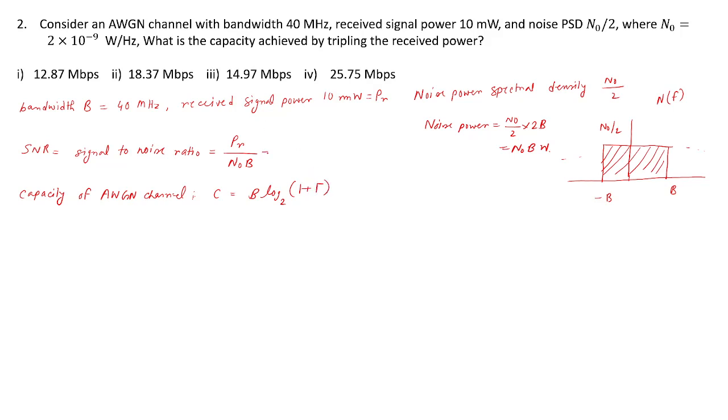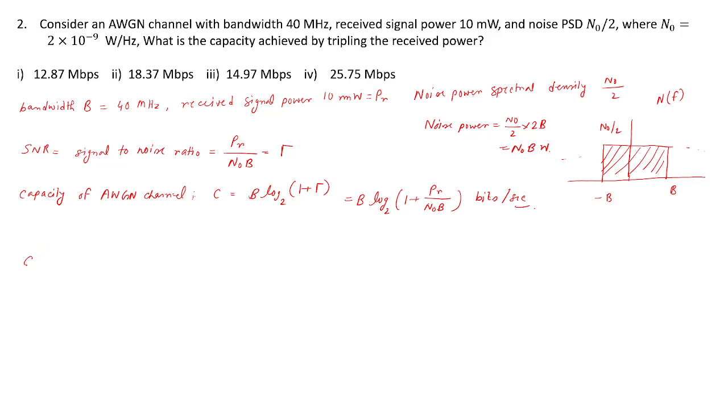One plus capital gamma, this is capital gamma SNR, that means B log base 2 of 1 plus PR by N0 B bits per second. So let us consider our present capacity.